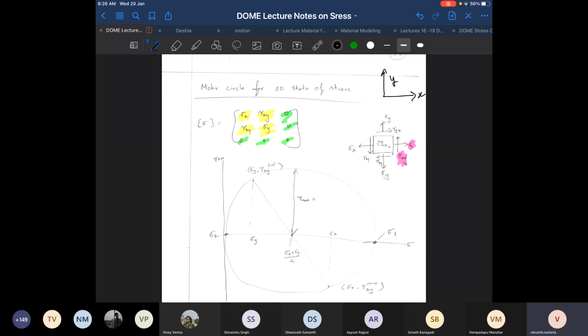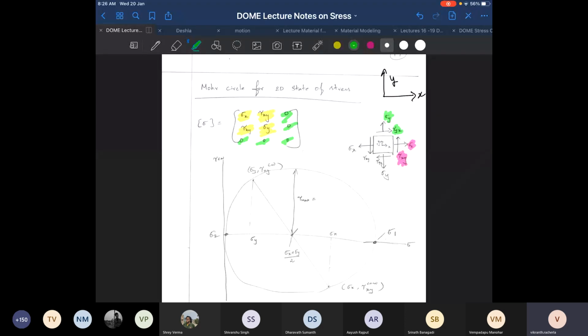So this is tau xy. Similarly, sigma y is the normal stress along the y direction. Tau yx is shear stress on the plane with normal along y and shear stress acting along the x direction.